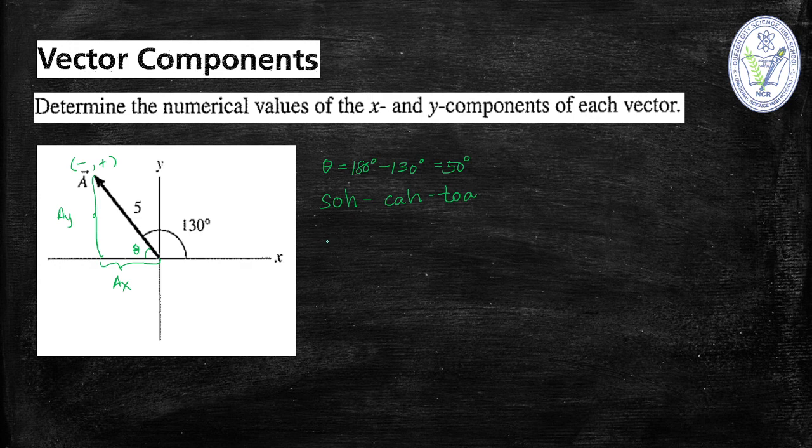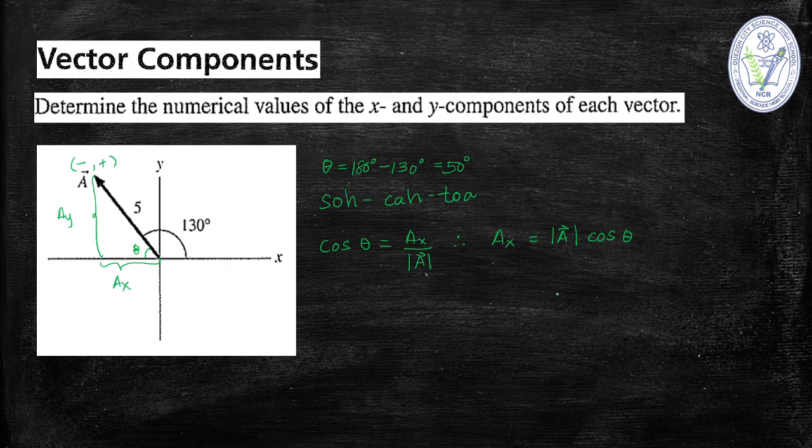So cosine theta is actually equivalent to ax over the magnitude of vector A. Therefore, ax is equivalent to the product of the magnitude of A multiplied by cosine theta.